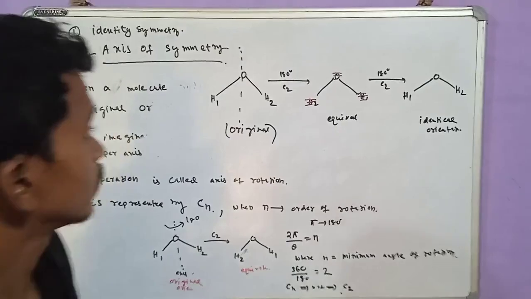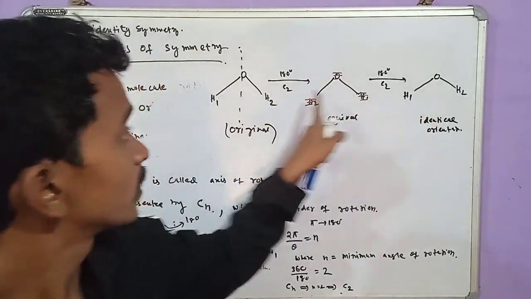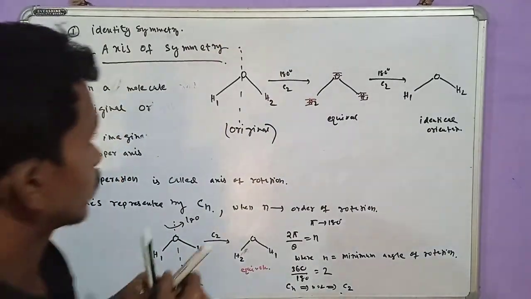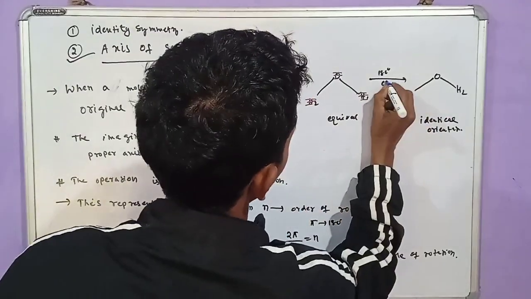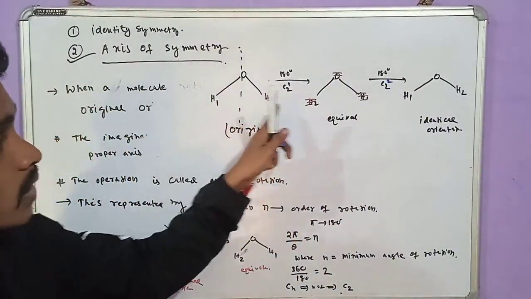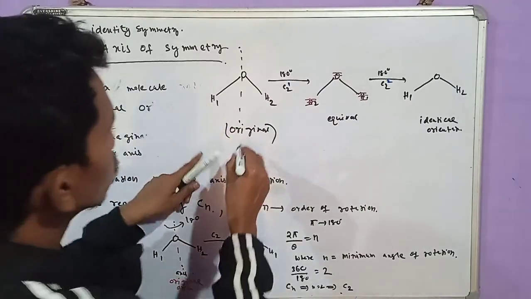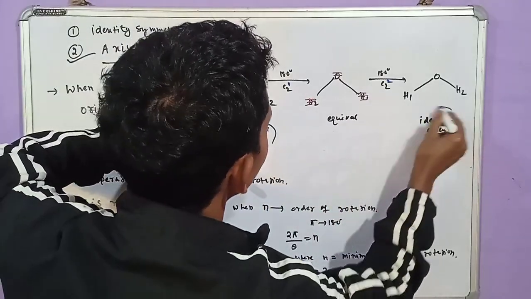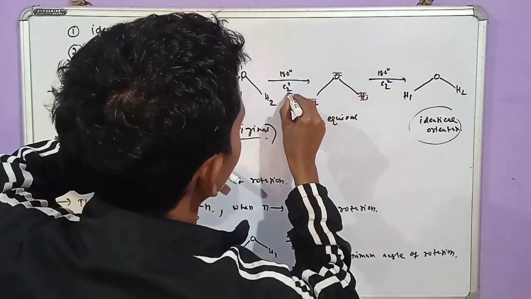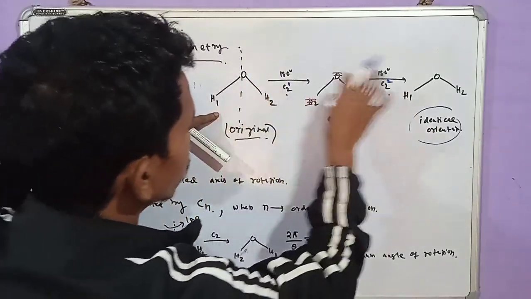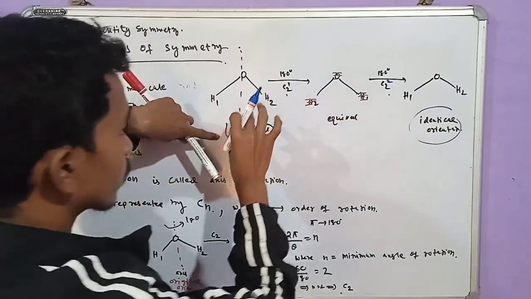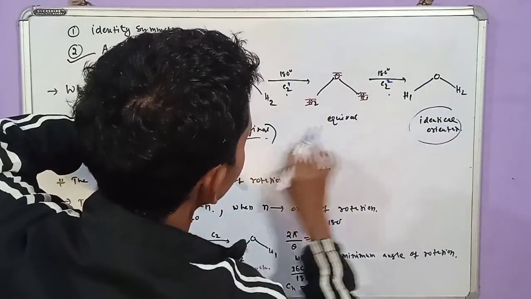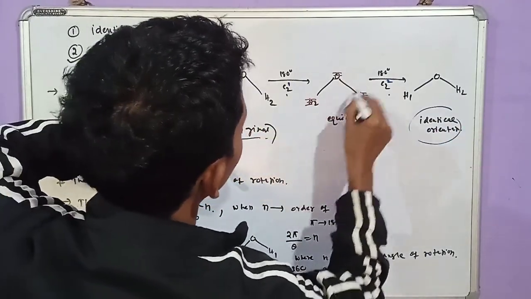Okay, so if you see from here to here, how many rotations did I do? This is one rotation I did, and another rotation. So the number of operations needed to rotate this original molecule to get the same original molecule again, how many operations do I need? This is 1 and 2. So to get from the original orientation again to the same original orientation, which is called identical orientation, the number of operations needed is 2.